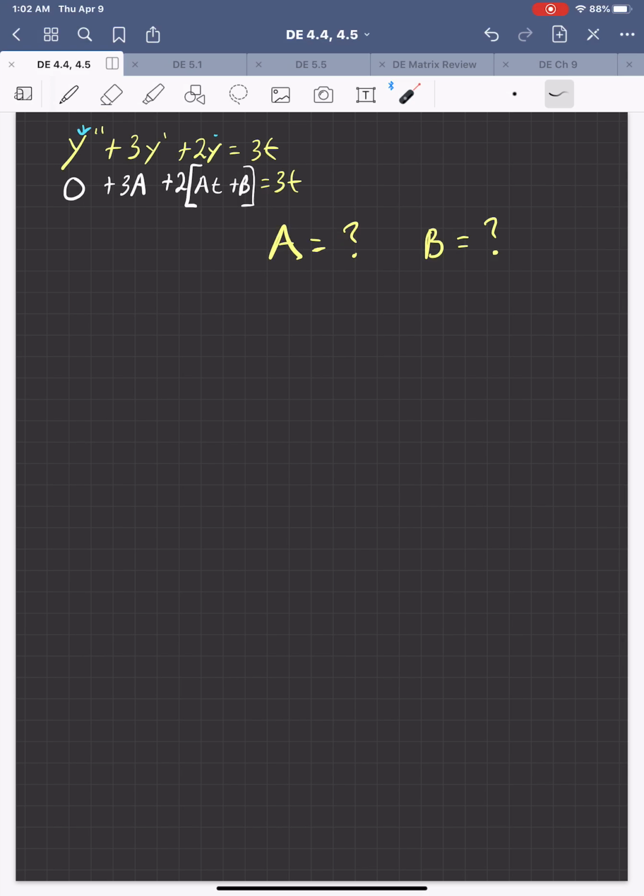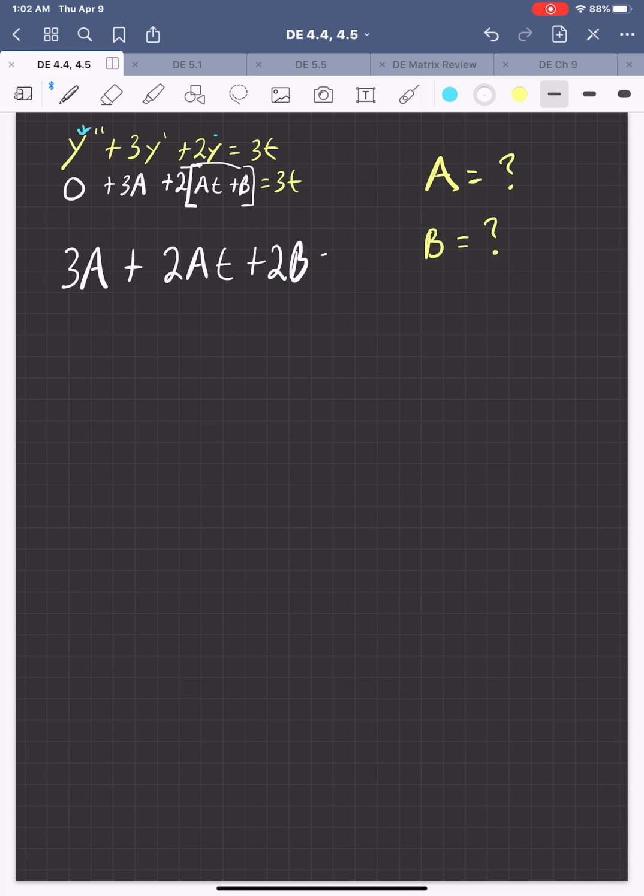All right. Well, the way that we're going to do this is we're first going to go ahead and distribute this 2. So let me rewrite it. I'm not going to have the 0, so that's just going to be 3a plus, well, we're distributing, so that's 2at plus 2b is equal to 3t.